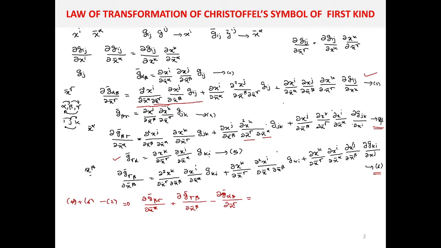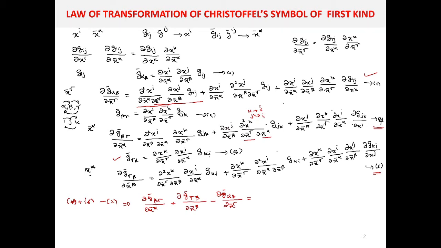The only difference is that here you are using the index i, while here the index is k. So here k is a free index. You can replace this k with i. There will not be any change for this term.